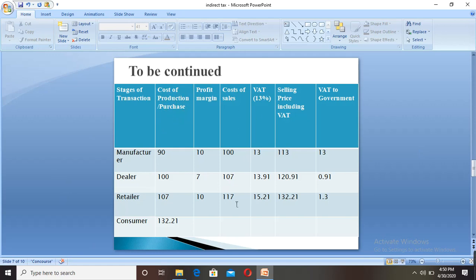Excise duty is not included in the cost of sales. Here we can find the clear distinction between VAT and excise duty. VAT is always included in the cost of sales, whereas excise duty is included in the cost of production. So excise duty is a duty that is levied on the cost of production, not on the cost of sales.